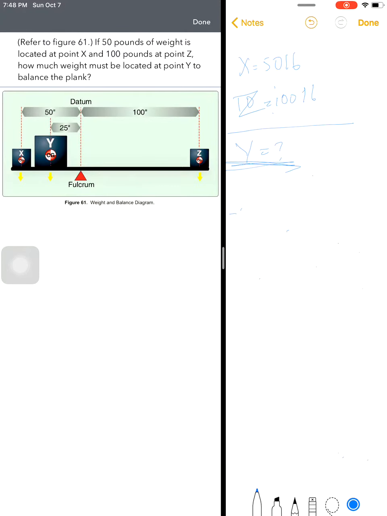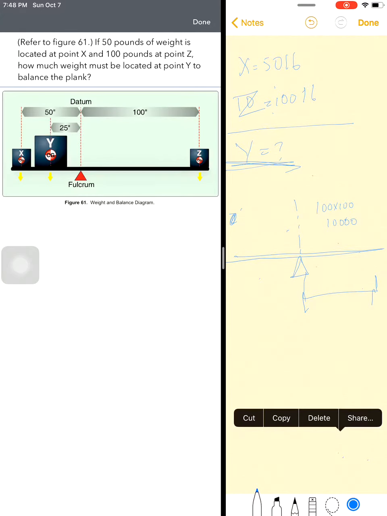Let's say this is your fulcrum, this is the datum line. 100 multiplied by 100 is 10,000. So on this side we have 10,000. What do we need to do to make the other side balance 10,000?